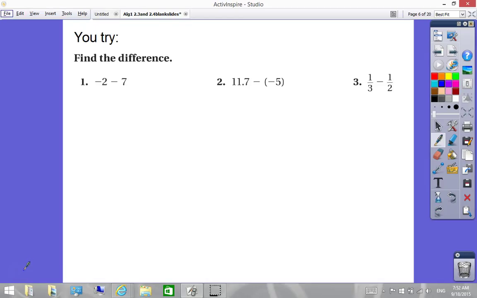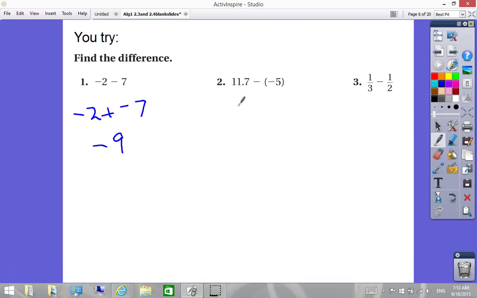So if you do what they did in the previous slide, it would look like negative 2 plus negative 7. And since you're adding two negatives, it just gets more negative. You may have gotten to this without actually changing it like that, but in one way or the other, it's negative 9.